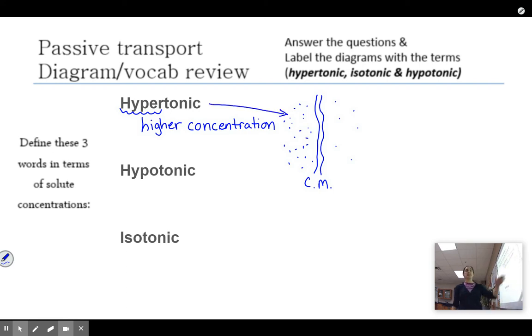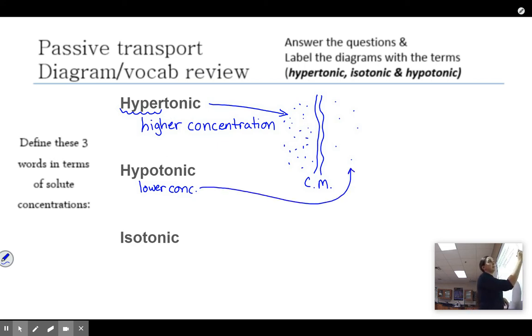In this case, it's the side that I drew to the left of my cell membrane. The opposite of that word is hypotonic, which means it has a lower concentration of solutes dissolved in that solution. And so that would be the right side of the membrane that I drew here.